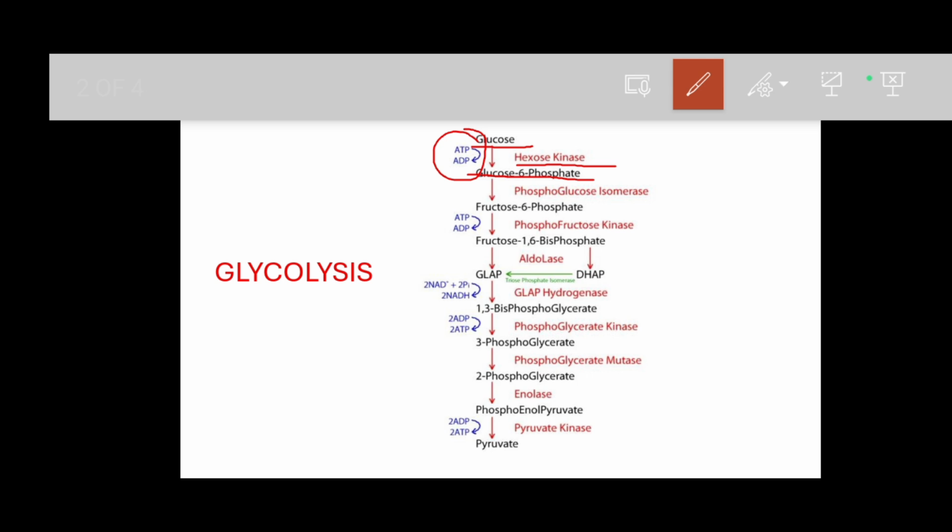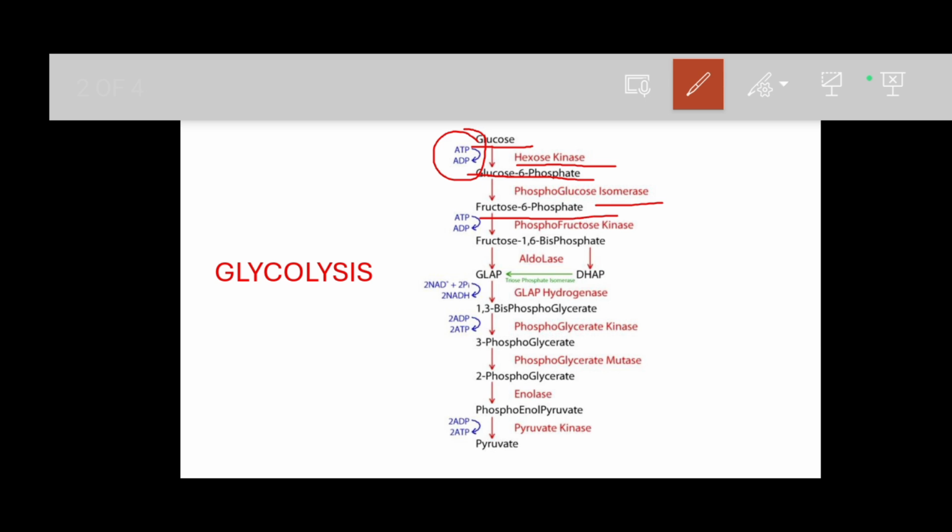The next step is from glucose 6-phosphate to fructose 6-phosphate. What are the similarities between glucose and fructose? We have learned in earlier classes that glucose and fructose are isomers, right?